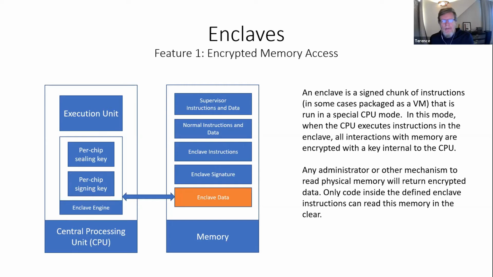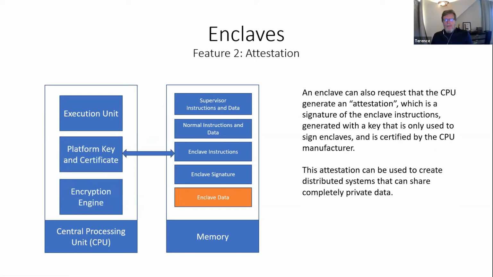All of its transactions to memory are going to become encrypted. And I can only enter that in such a way that the enclave has not been changed. So there's basically an integrity check that's done over that enclave, and that enclave is actually kept protected itself. So what does this mean? One is that we have encrypted memory access, so someone can't actually read the memory.